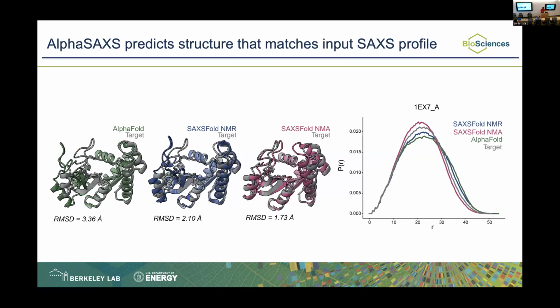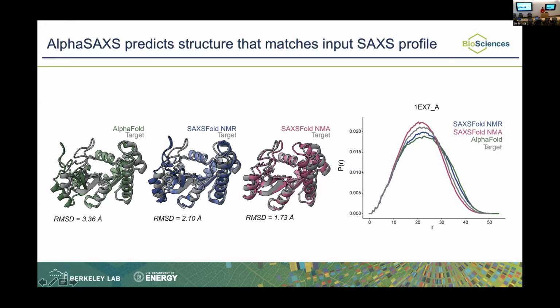So here is one quick example of how it performs compared to AlphaFold. If you look at the gray area, that's our target ground truth, and the left side is AlphaFold. In this domain, the angle and all those orientations are completely wrong. In the NMR and NMA test dataset, we see a closer match. The structures have RMSD of 2.1 and 1.73, an improvement of 30 to 40%.